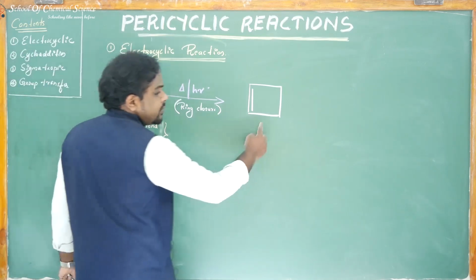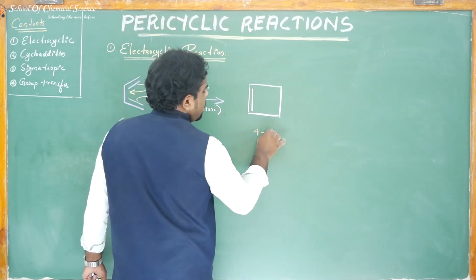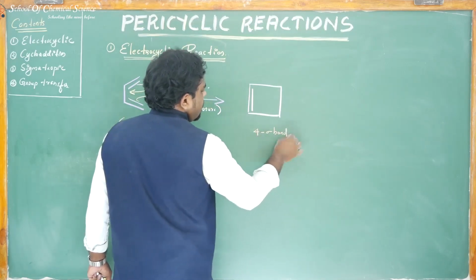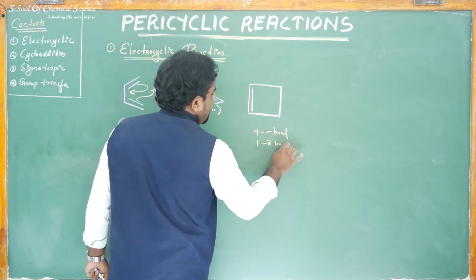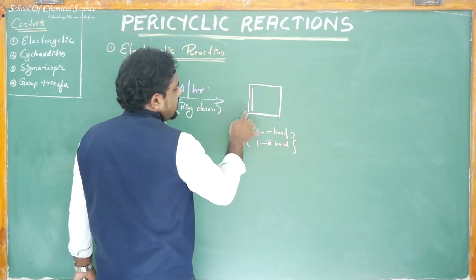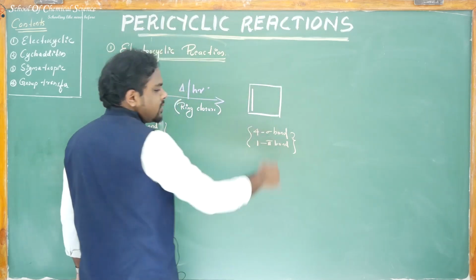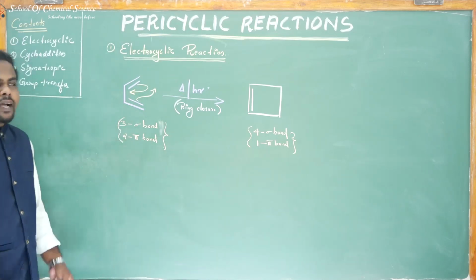How many sigma bonds are present here? 4 sigma bonds and 1 pi bond, all carbon-carbon sigma bonds. So here 3 sigma 2 pi, and in the product 4 sigma 1 pi.